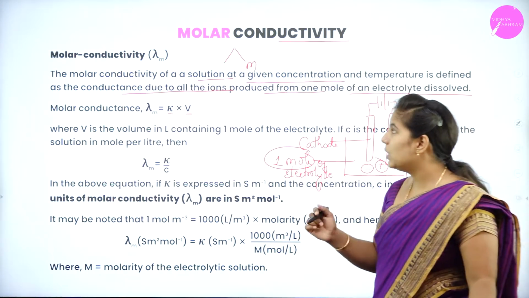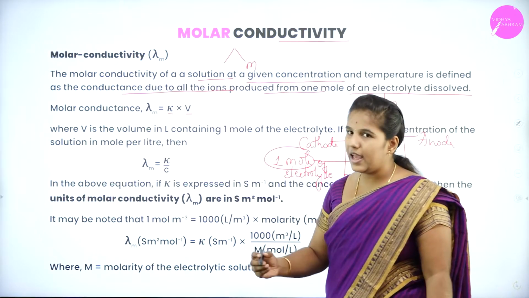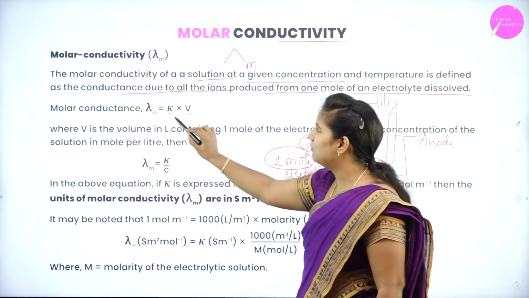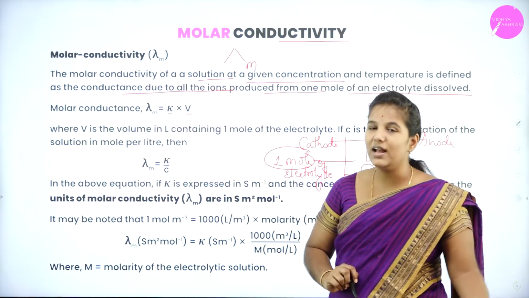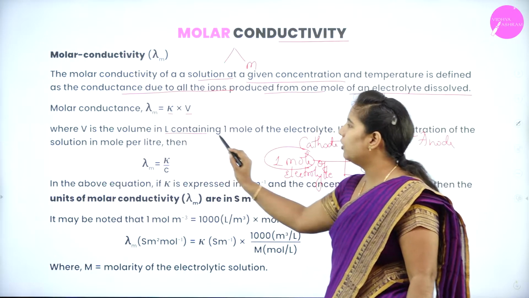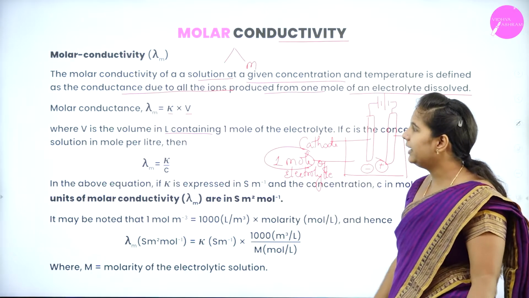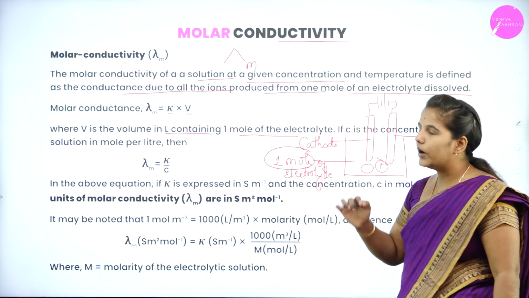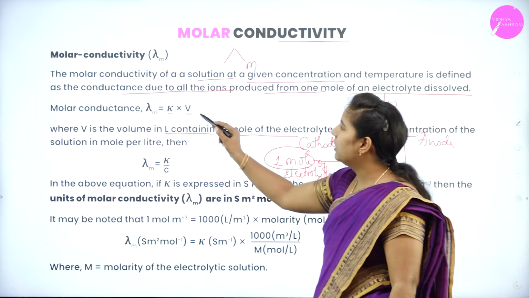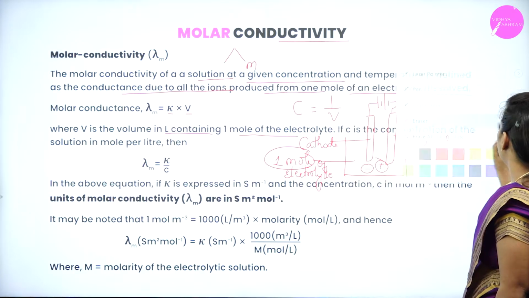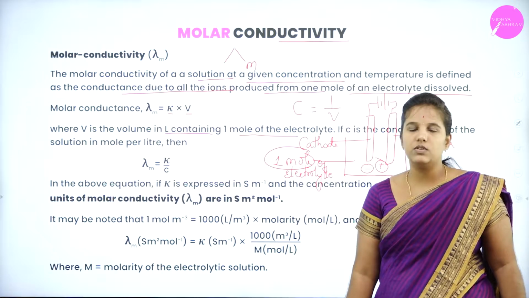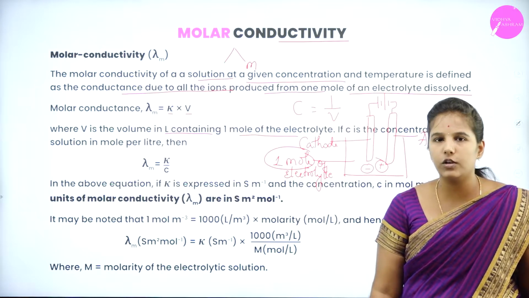So that is why we can write lambda m is equal to kappa into V, where kappa is the conductivity and V is the volume in liters which consists of 1 mole of electrolyte. But I can write C, the concentration, as equal to 1 divided by V, which is inversely proportional to the volume, right?